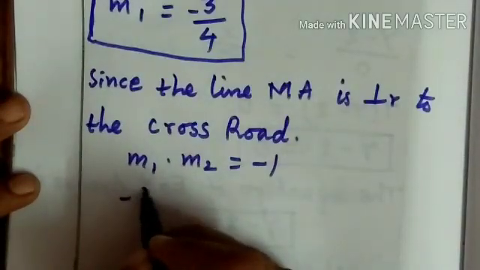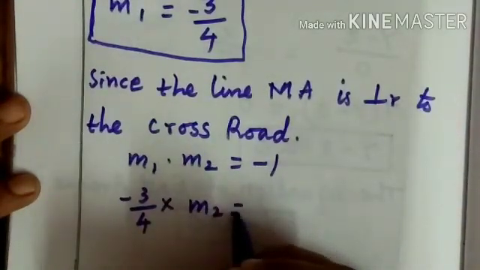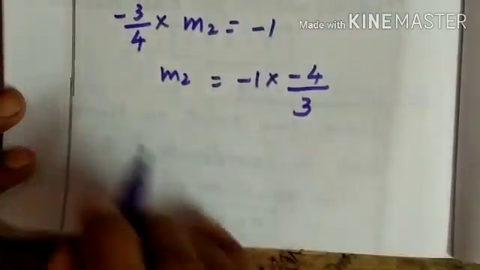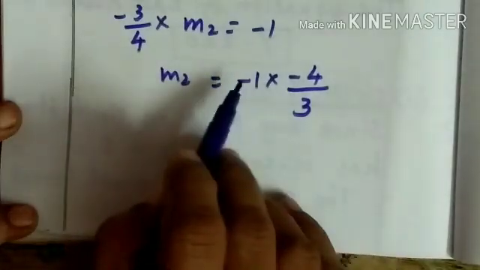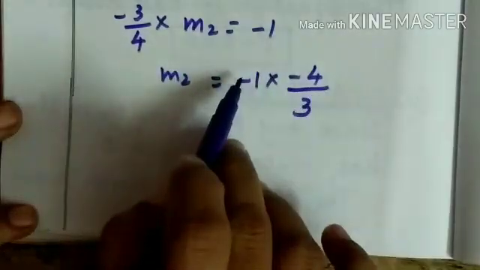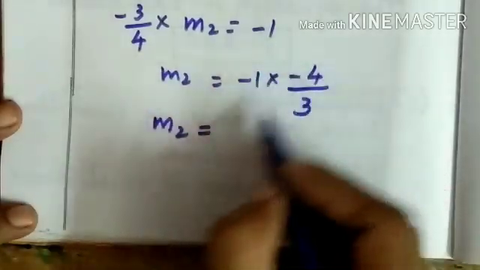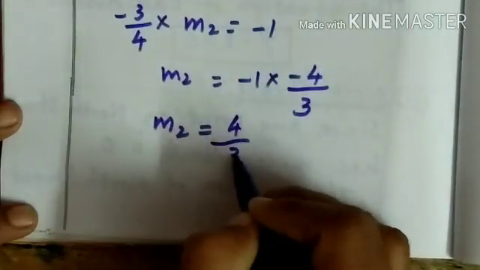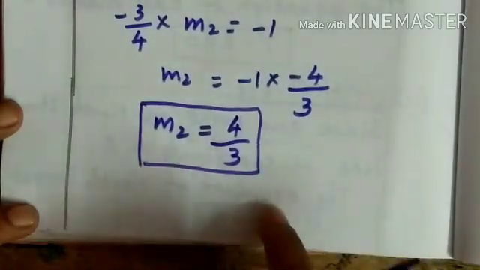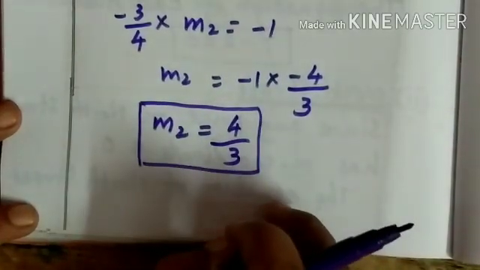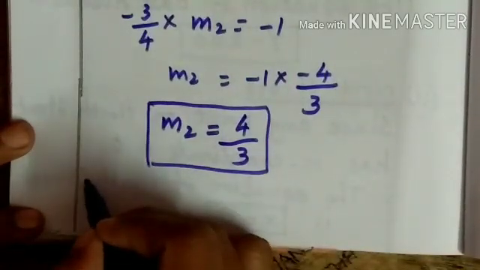Here m1 is minus 3 by 4 into m2 is equal to minus 1. That m2 is equal to minus 1 into minus 4 by 3. Here you have to multiply this, means minus into minus plus, then 1 into 4, 4 by 3. Hence, the slope of the crossroad is 4 by 3.